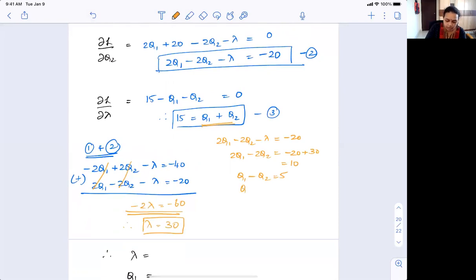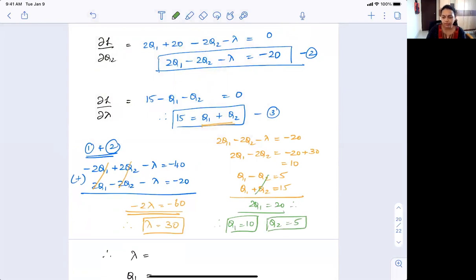And then you have Q1 plus Q2 is equal to 15, which comes from the third constraint. When you solve this, you get 2Q1 is equal to 20. Therefore Q1 is equal to 10, and Q2 is going to be 5, because Q1 plus Q2 will be 15.